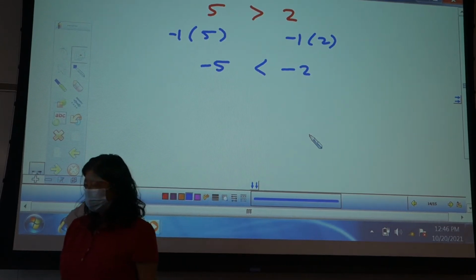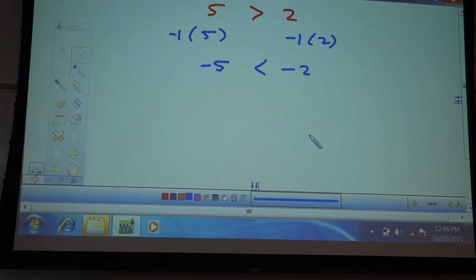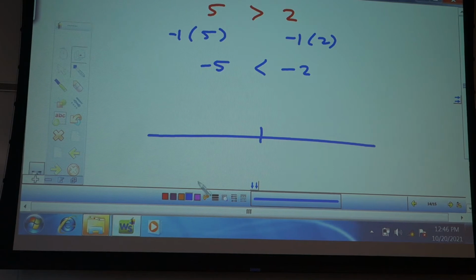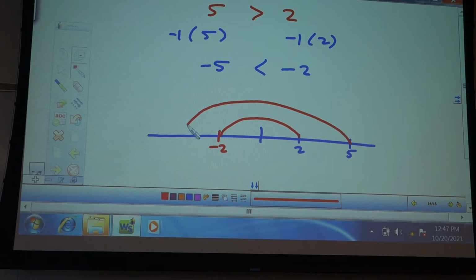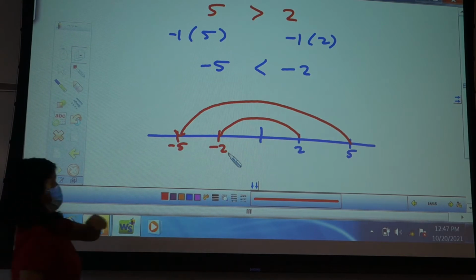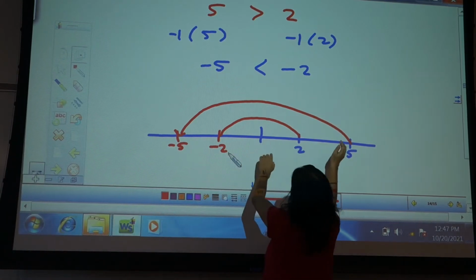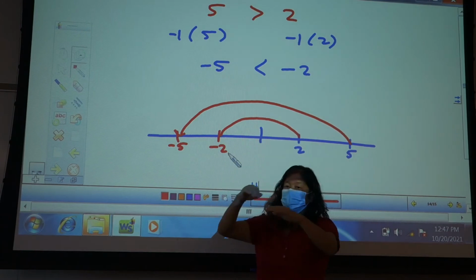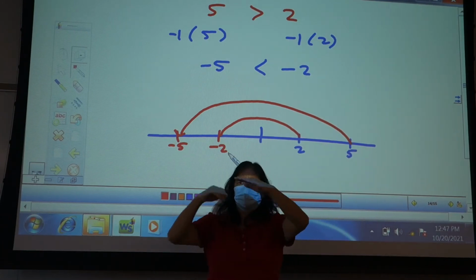Why is that? Think of it this way. Here's my number line. Here is 2. Here's 5. When I multiply by negative 1, it goes to the opposite side. Here's 0, here's 2, and here's 5.